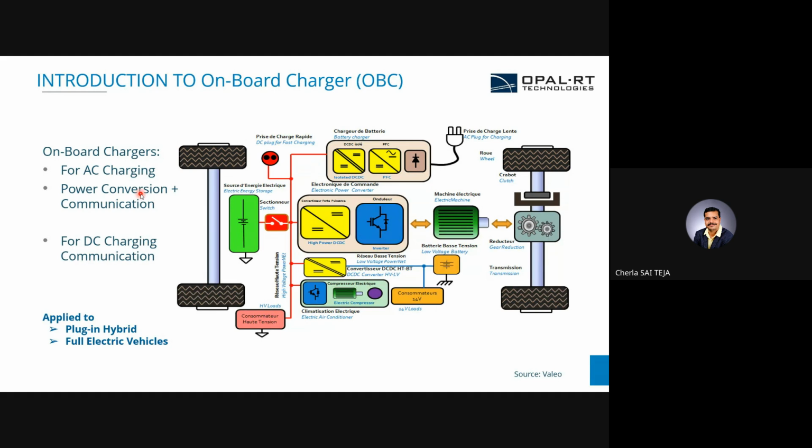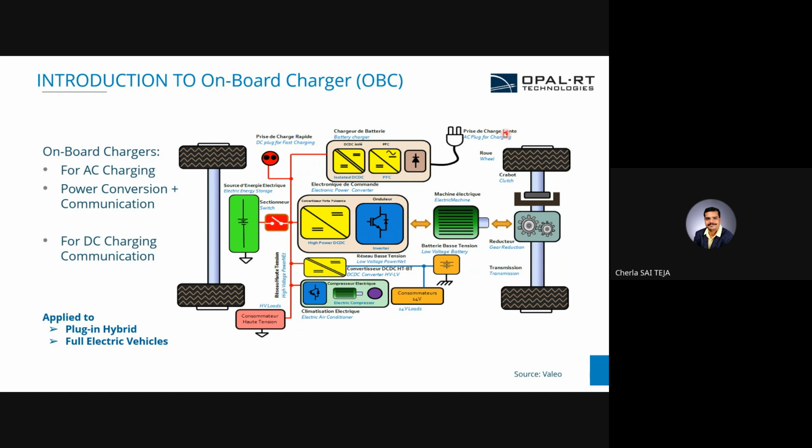In that AC to DC conversion, it will take care of power factor correction, and most of the time we'll have a rectifier, basically an uncontrolled rectifier. After that, you'll have a boost followed by an LLC kind of topology.